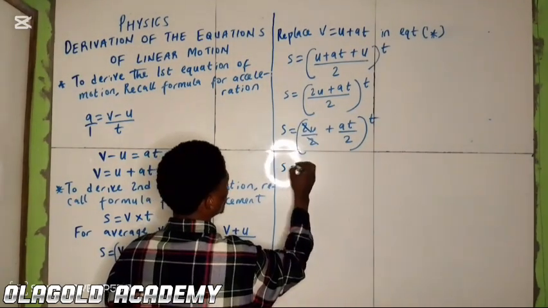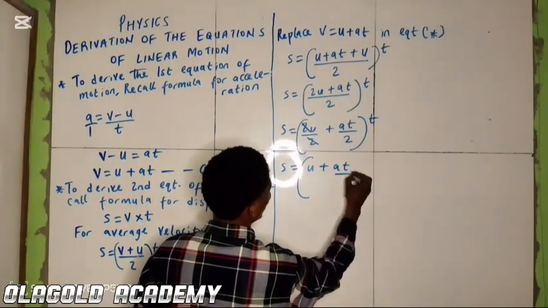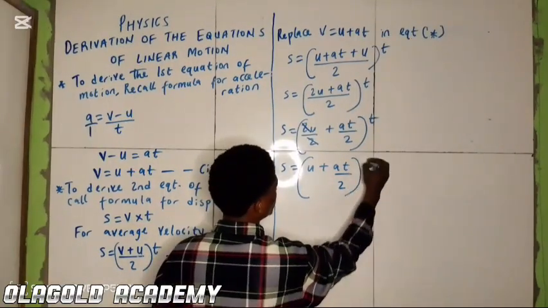So I'm going to have S equals U plus AT over 2 multiplied by T.